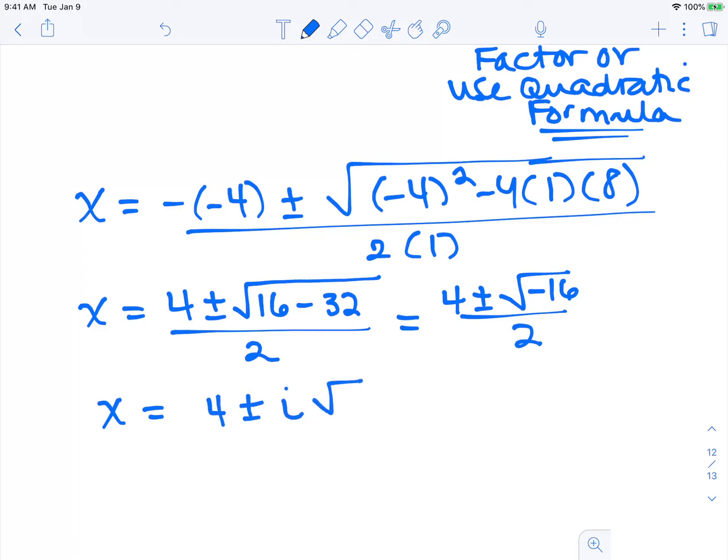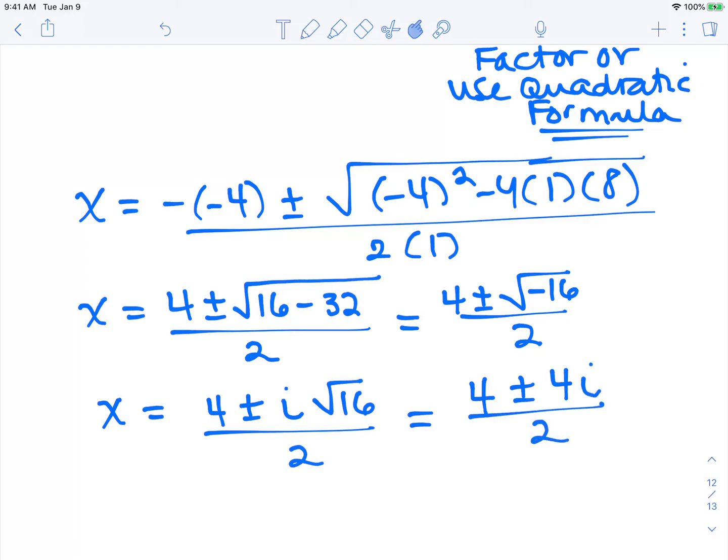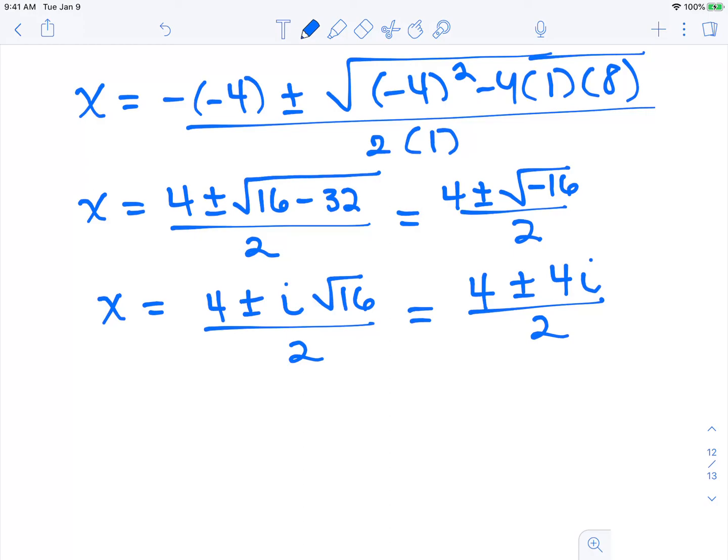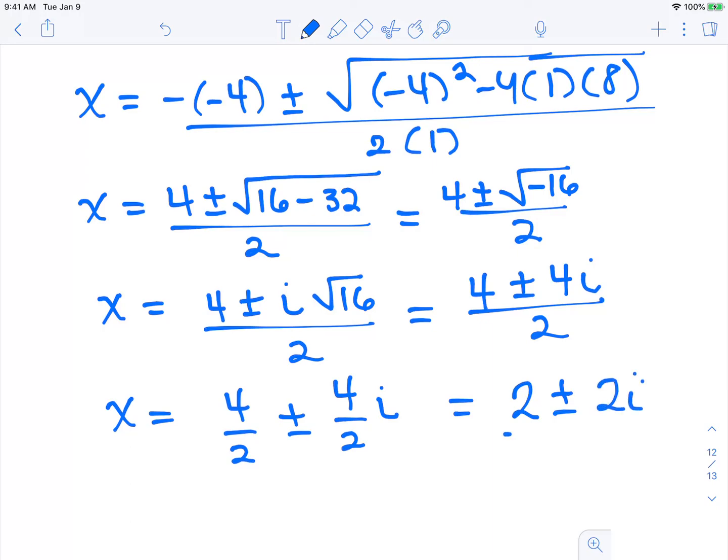So we're going to put that as an i, square root of 16. Then the square root of 16 is 4. Then separate out the fraction into 2 fractions. Reduce those fractions by 2 by a common factor. And these are your last 2 zeros.